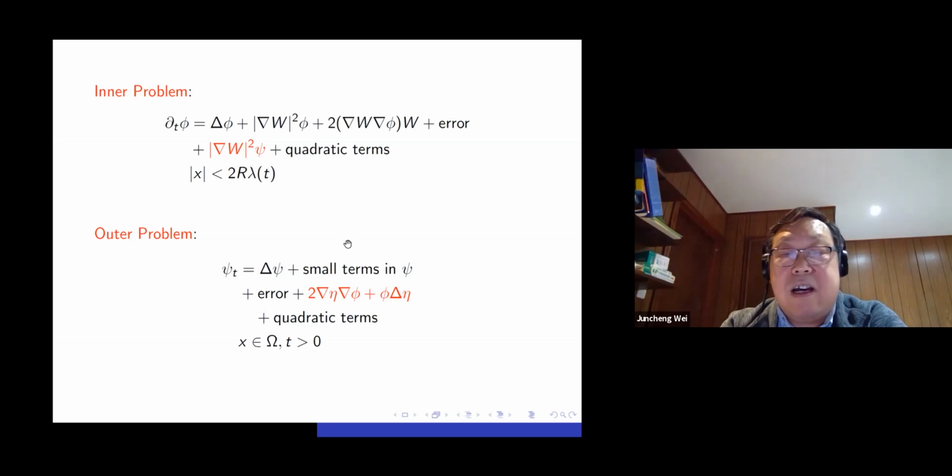This is how the inner and outer problems are coupled. So we need to understand the effect of this cutoff function.